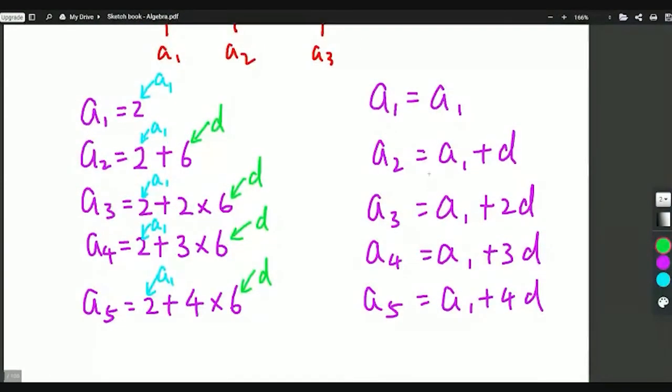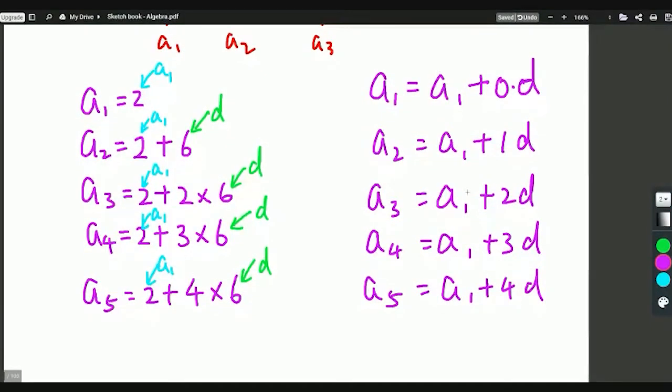And this D, I can actually write as 1D. And this A1, I can say is A1 plus 0D, because 0 times D is nothing, so the result is the same. And now we can see A1 is always there and D is always there.